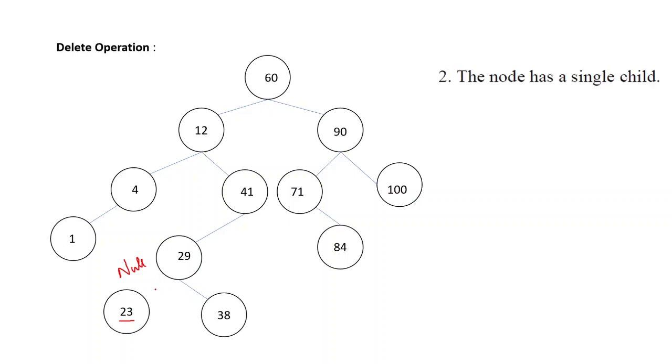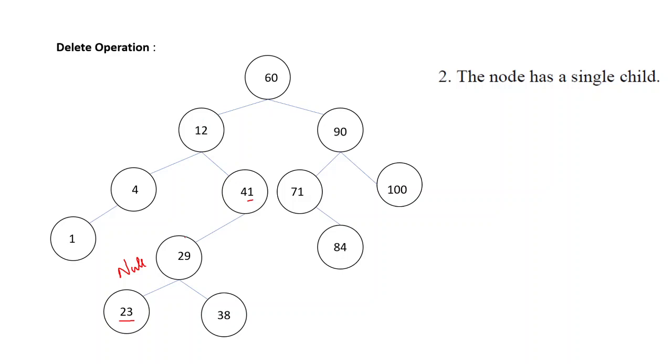And the next case is, the node has a single child. So let us try to delete this particular node 41. Now 41 has a single child 29, and 29 also has two children, 23 and 38. The parent node of 41 is 12.